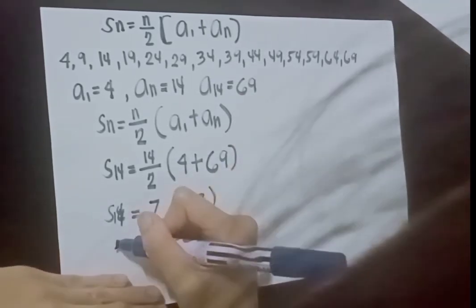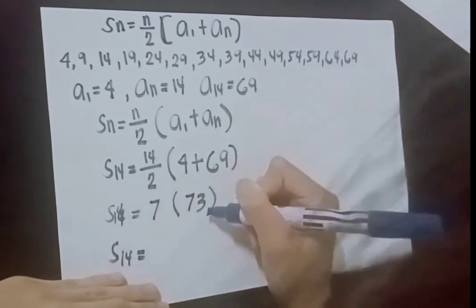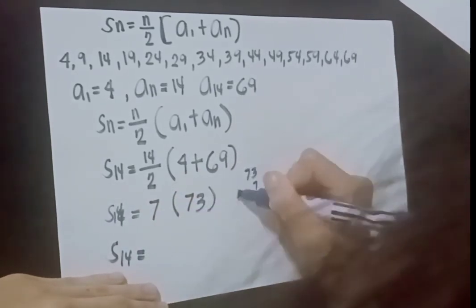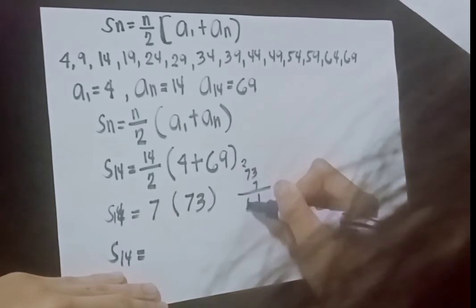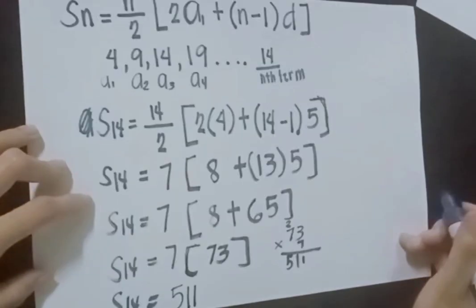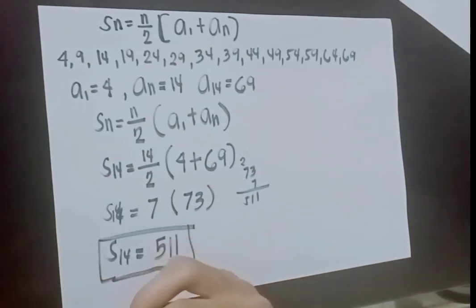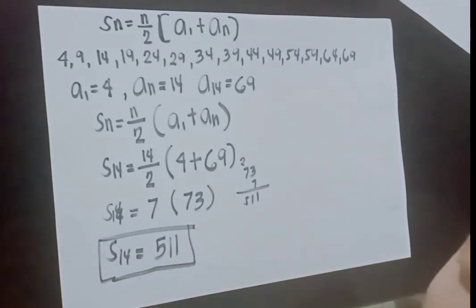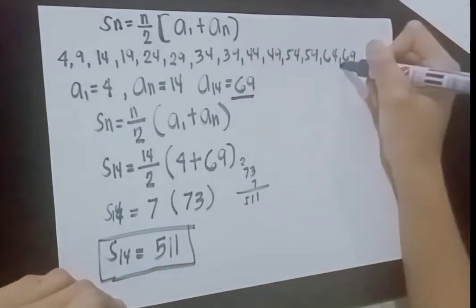Next we multiply the remaining numbers. So 7 times 73 is 511. So the answer is the same as with the first formula, 511. But remember, we only use it if the last term is given.